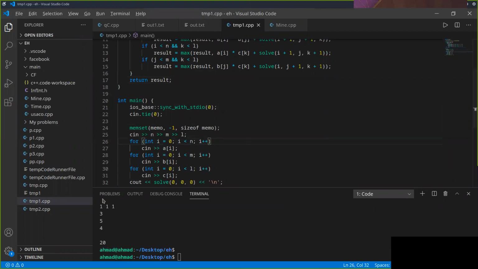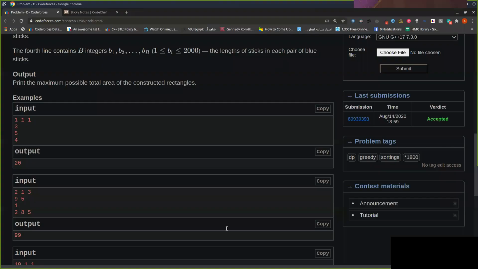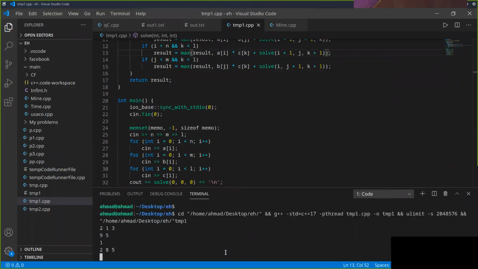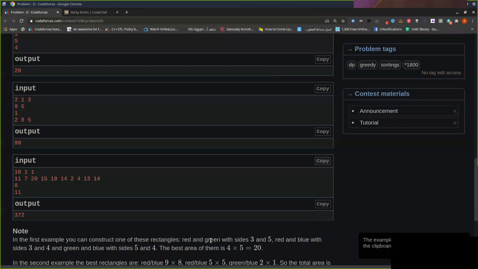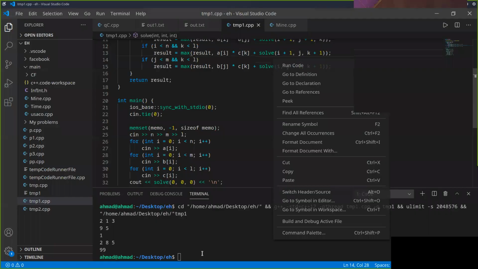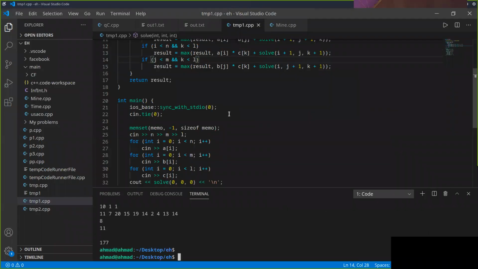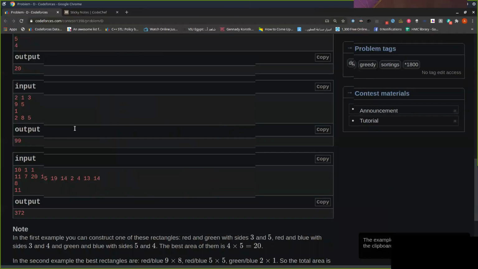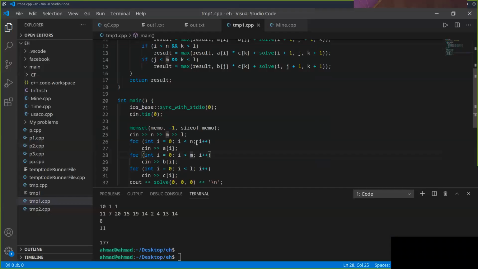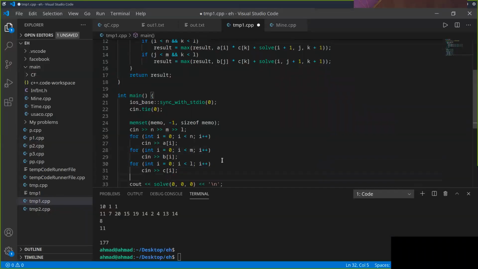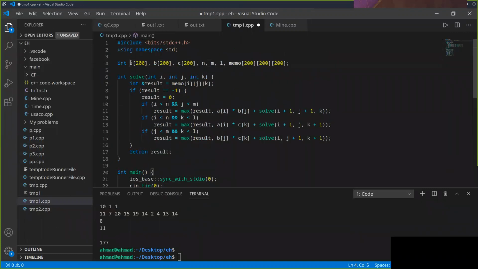Okay, 20. So there is a problem here. Oh, I didn't sort the values.